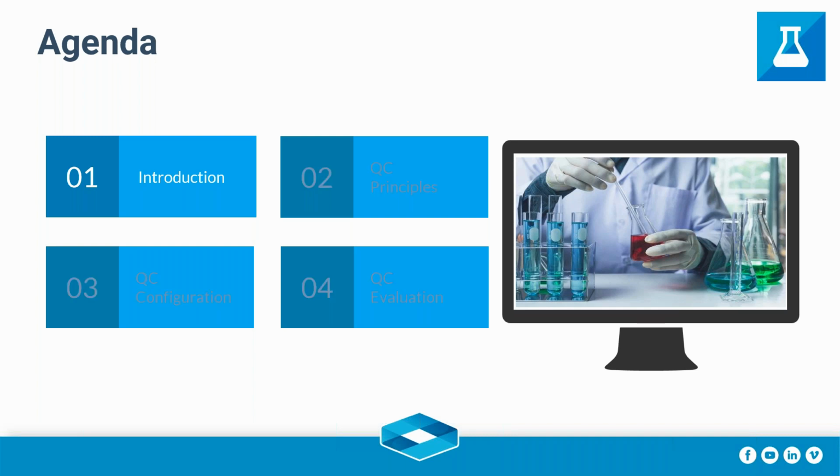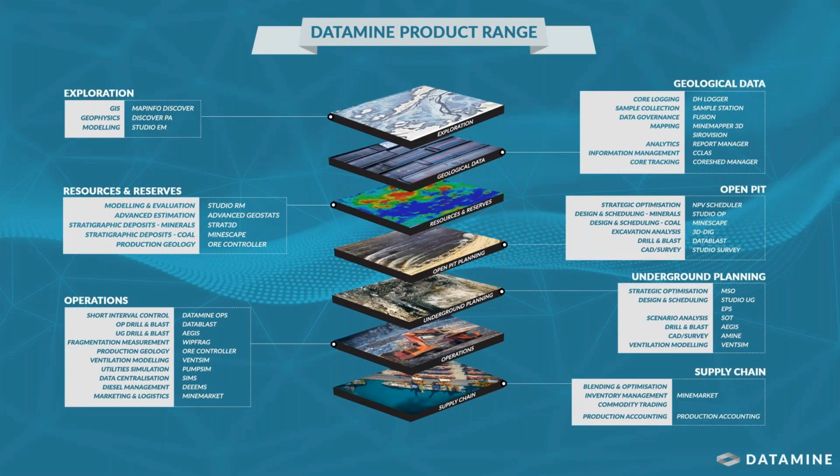Okay, let's start the session by going through the agenda. Datamine is one of the few mining software companies offering our clients a comprehensive software solution across the whole mining value chain, starting with the capturing of exploration data all the way through to managing the inventory, logistics, and commodity trading.